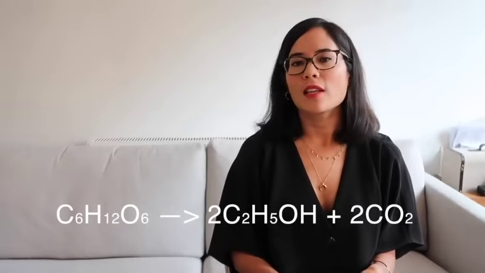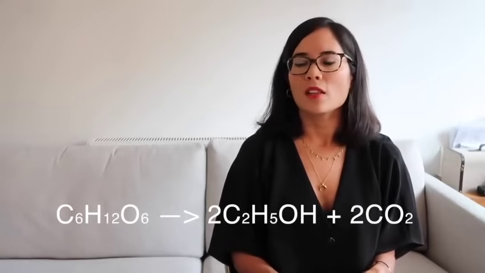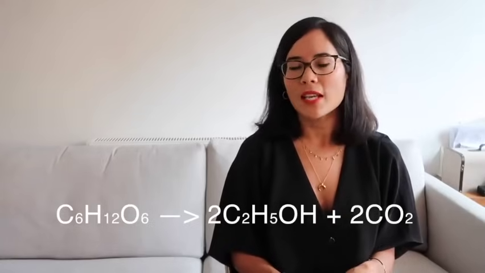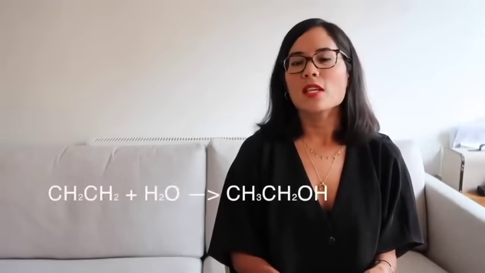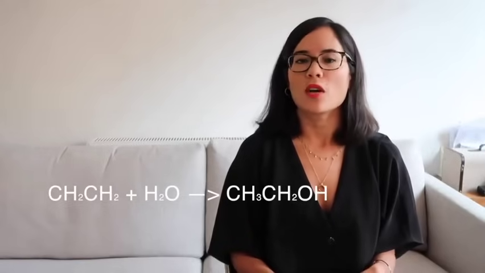You've got glucose from the sugarcane, so C6H12O6, and it breaks down using anaerobic respiration by yeast into ethanol plus carbon dioxide, and we know carbon dioxide can be used in bread making. Hydration of ethene is, as the name suggests, adding water to ethene. So you've got C2H4, you add H2O to it, and that's how you produce your ethanol.